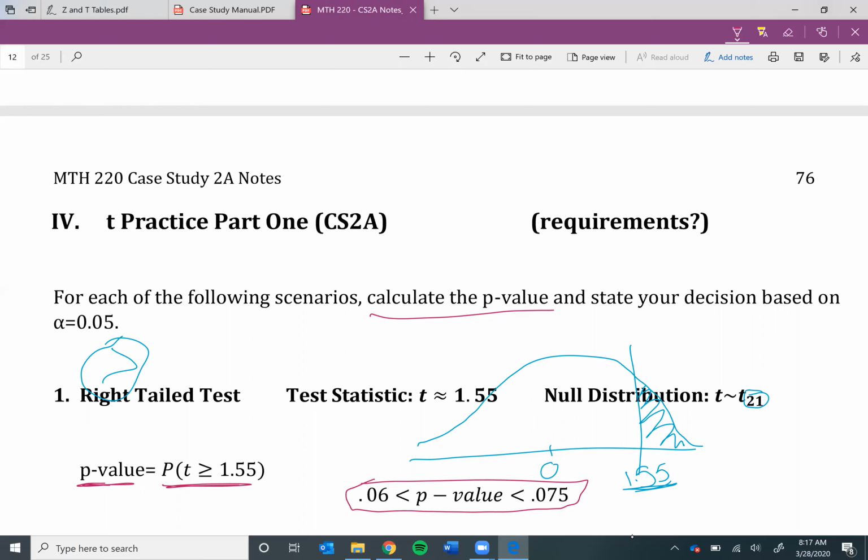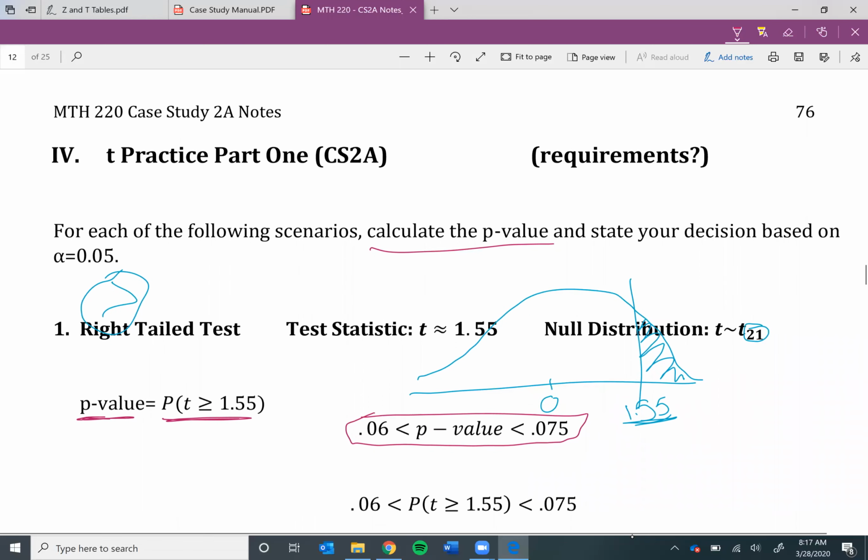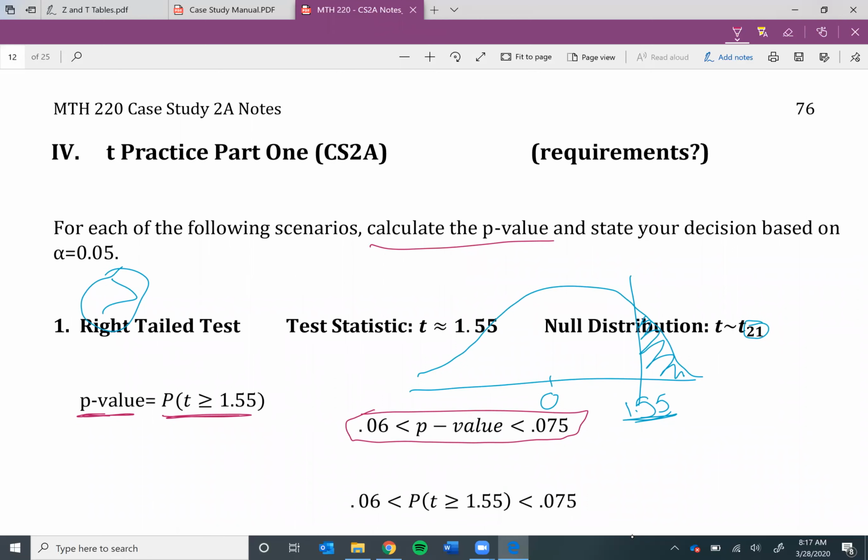Since I started the problem saying these two things are equal, I can write my answer either way, and it means the exact same thing. You can either say the word p-value after you define it, or you can write the actual probability statement. Both of those in this pink box are the correct answer to calculate the p-value.